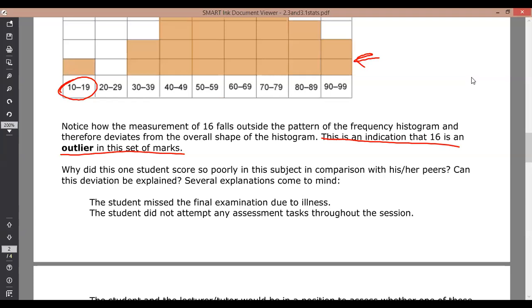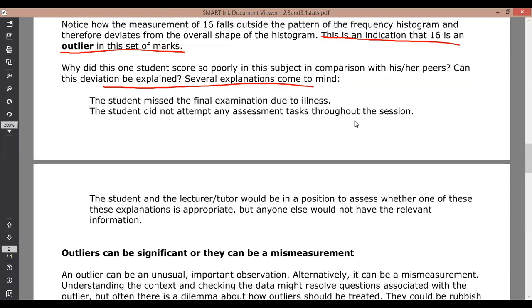So if you were, for example, a teacher or a professor, you might be interested in why this student did so badly in comparison to everybody else. Can the deviation be explained? Here's where the ability to interpret outliers to some extent is based on the person's personal experience and maybe the job that they do, okay? It could be, for example, the student missed the final exam.